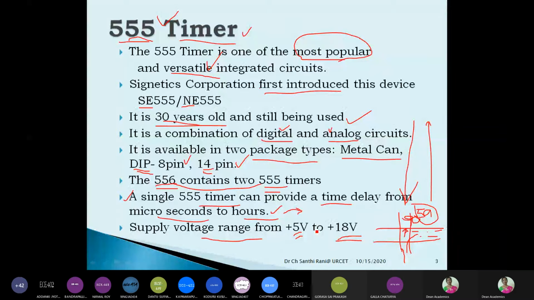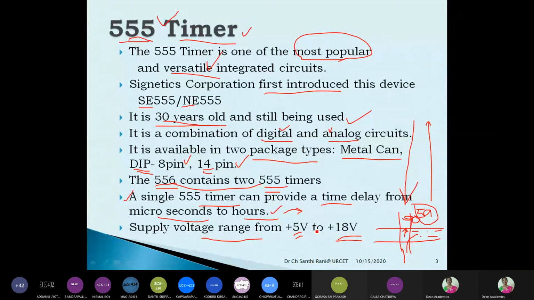So these are some of the features of 555 timer. It was first introduced by Signetics Corporation. So SC 555 or NE 555 is a versatile IC. It is available in different packages like metal can and dual inline package, and even in dual inline package it is available as 8-pin IC and also 14-pin IC, right?